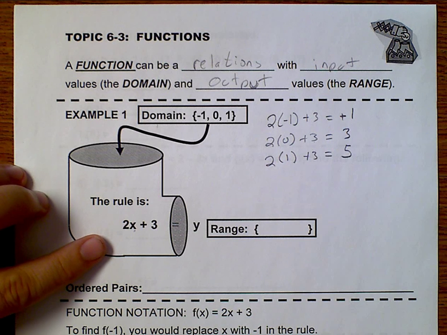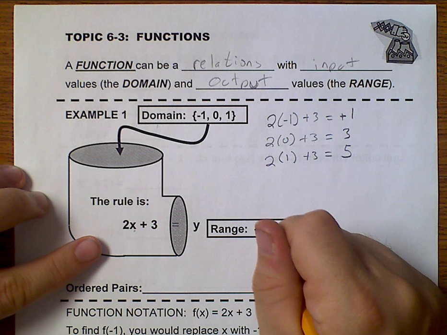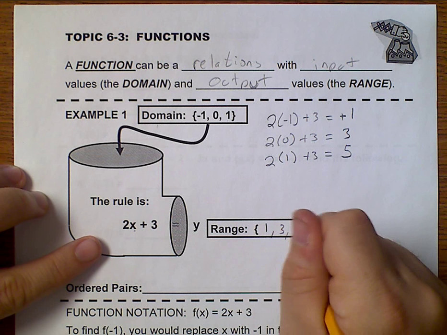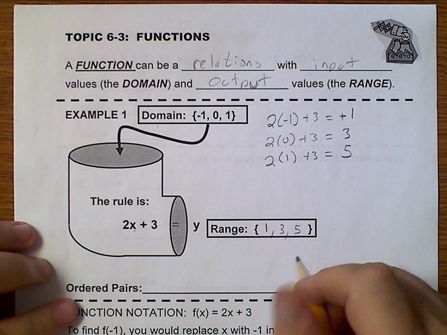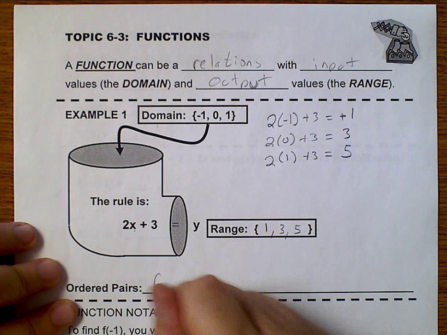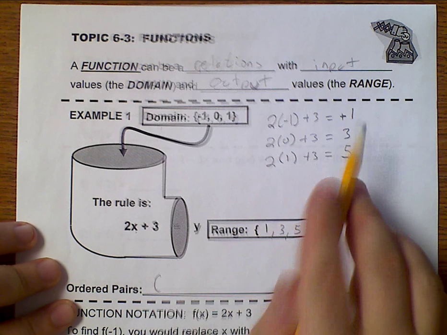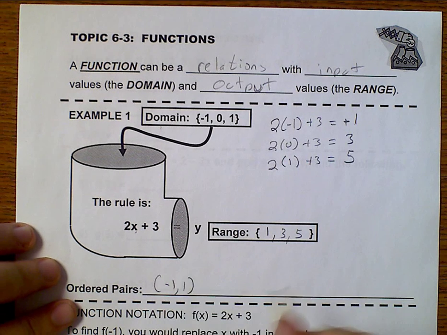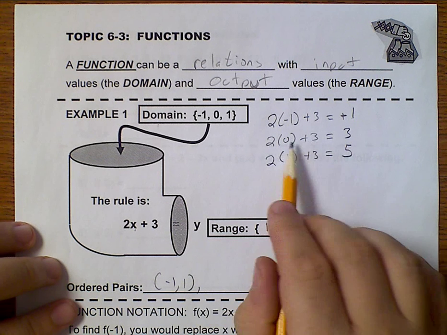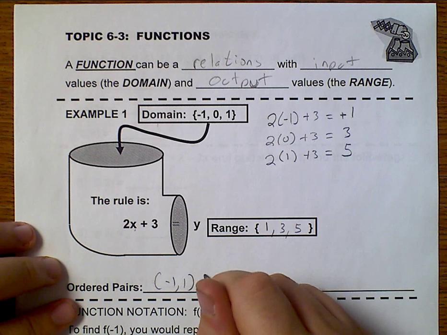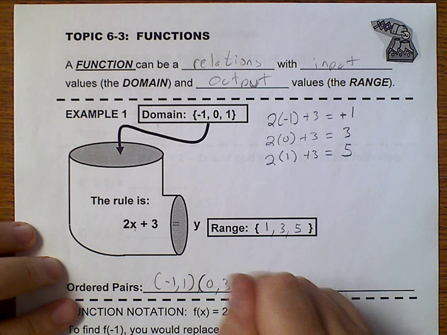And so my range is 1, 3, and 5. Making my ordered pairs -1, 1, 0, 3, and 1, 5.